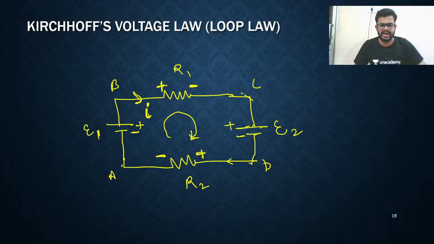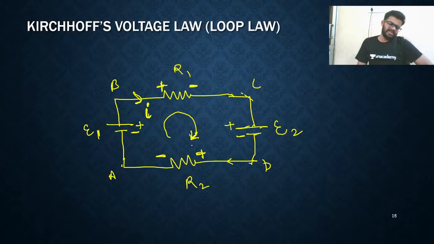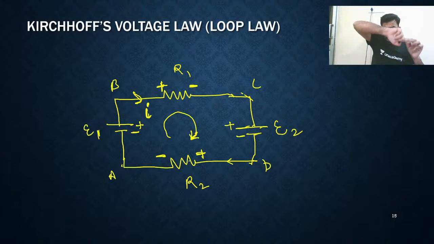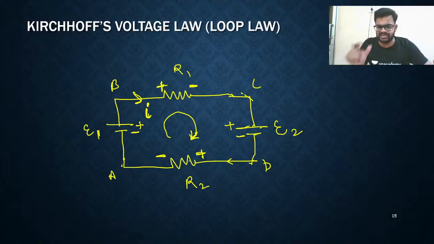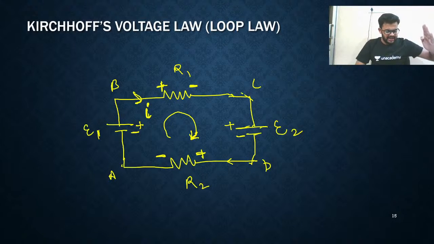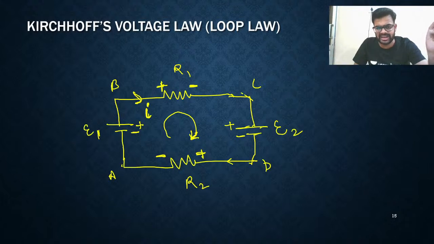Clockwise is the direction of observation. Remember that. Now, as you are moving clockwise, always take the second sign across a particular element. Second sign means the sign where you are entering and coming out, so always take the sign where the current is coming out.